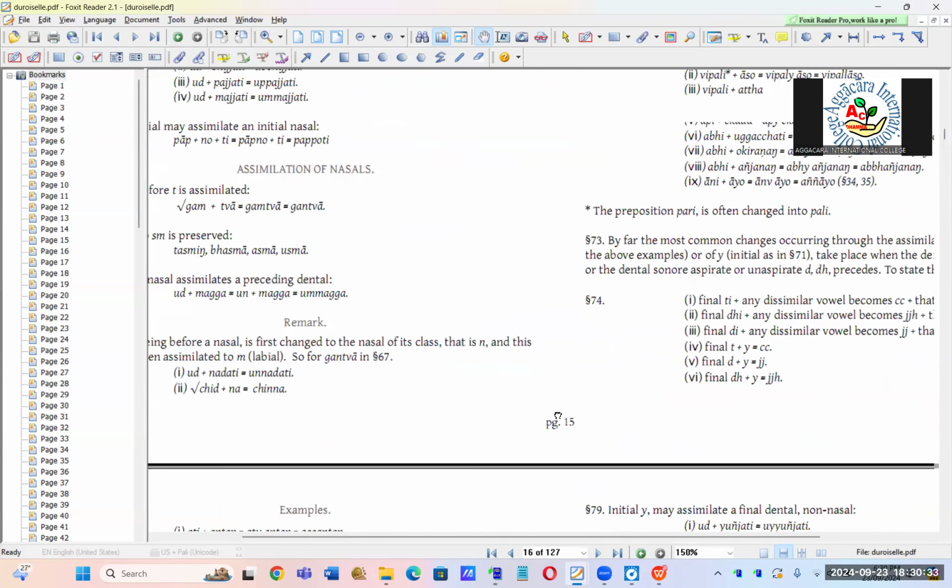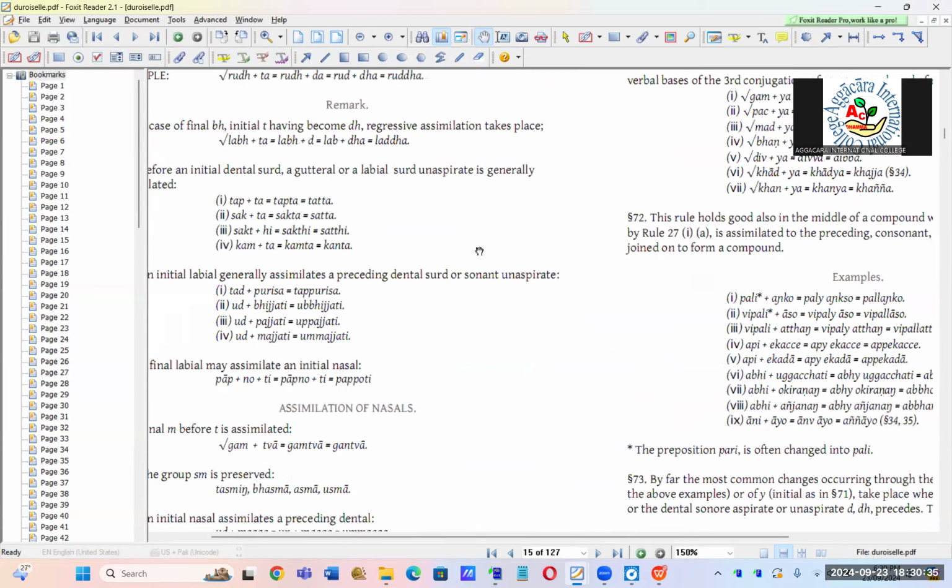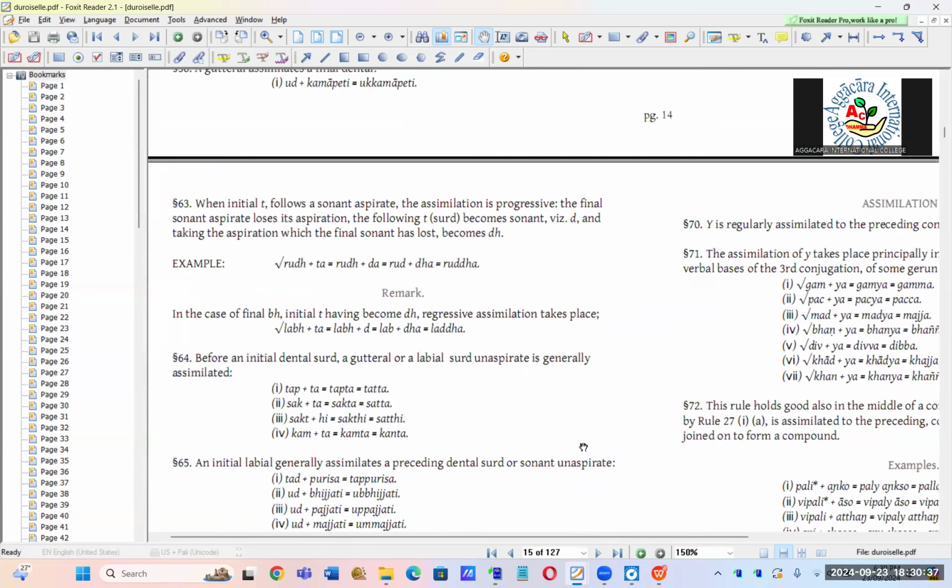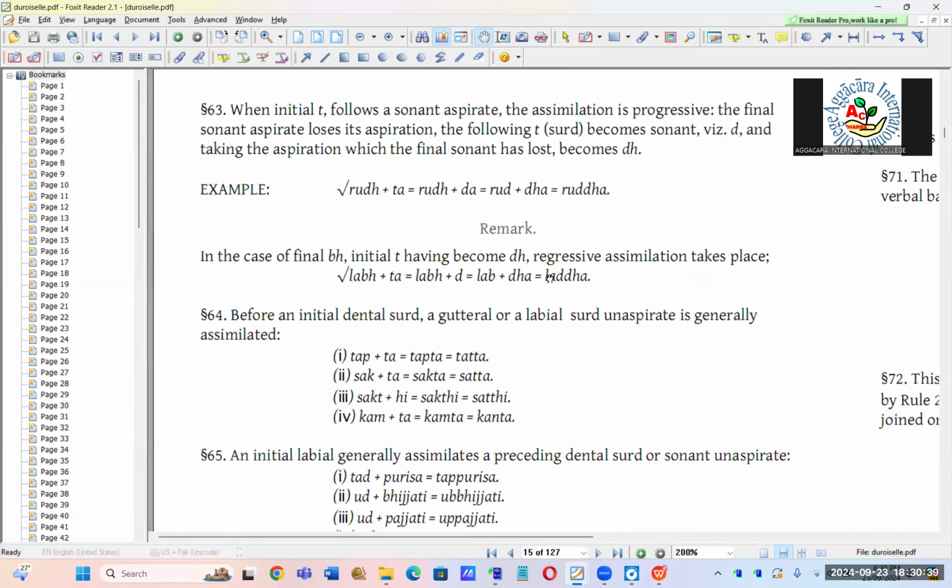So by looking at this Duracell book, I think it's not easy to see why we need to change something and what is the rule that we need to follow, like P, tap, and tap. Why do we follow the T, not follow the P? Okay, there's some change here. So I find it actually quite confusing when I started to study this. So I read a few times, but I thought it's not easy.